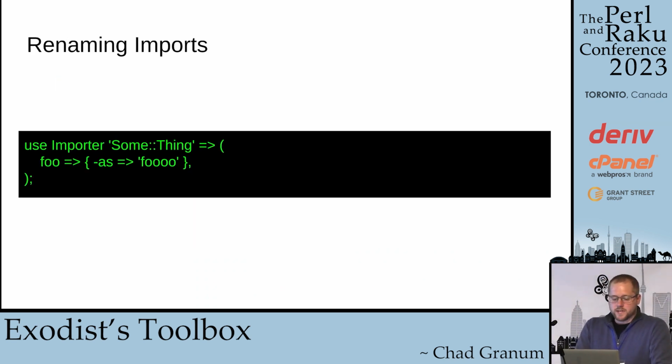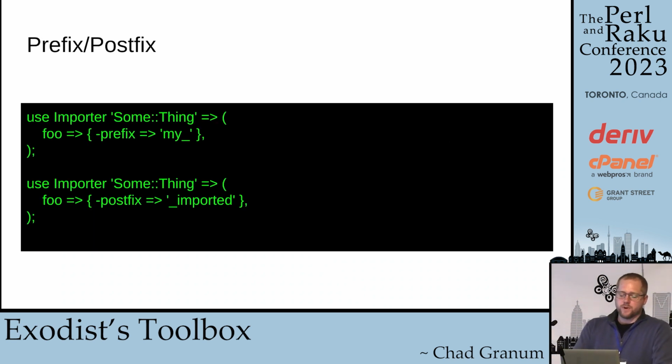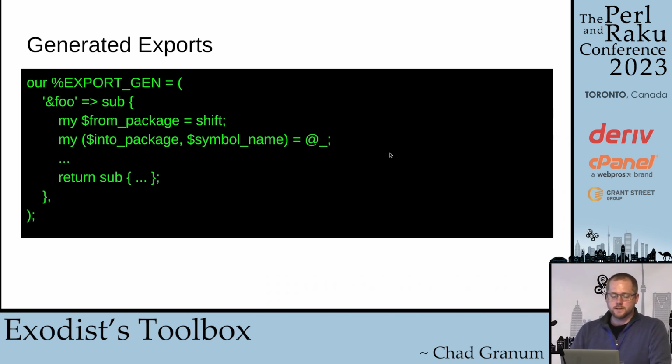So renaming imports, I already showed you on another slide, or actually I showed you prefixing. So we use importer, thing we want to import from, and we rename the import foo as foo. Prefix and postfix, this is what I showed you on an earlier slide. We're importing something and we're adding the my prefix. And you can do this in bulk to a whole set of imports.